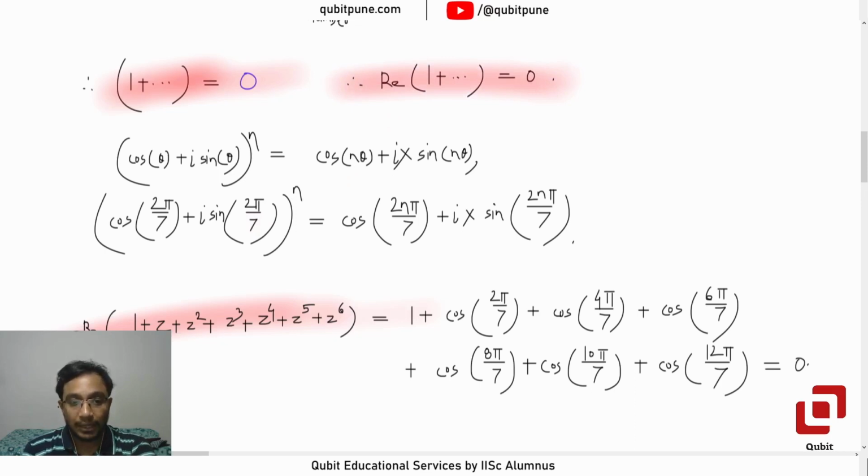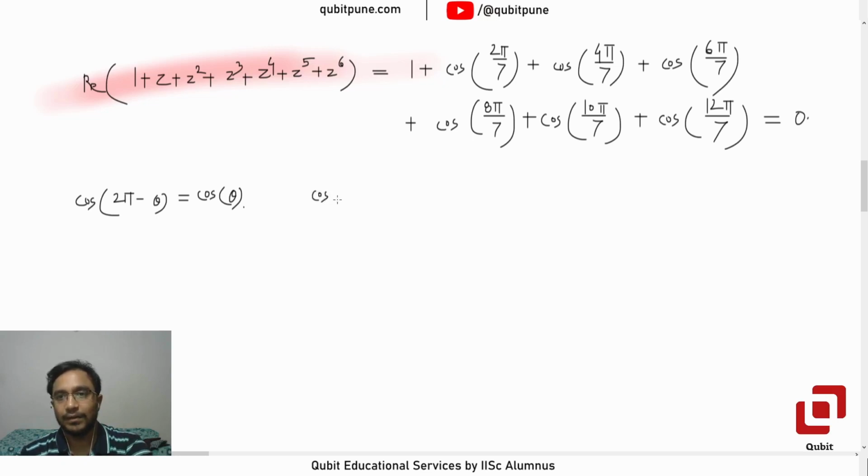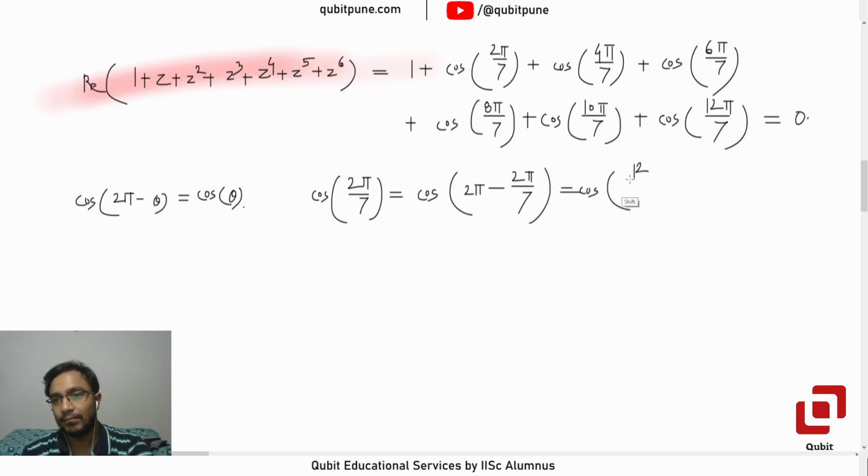Now how is this going to help us? There is another formula from trigonometry that we are going to use. That formula is cos of (2 pi minus theta) is cos theta. Now look, this gives us cos of 2 pi by 7 equal to cos of (2 pi minus 2 pi by 7), and that happens to be cos of 12 pi by 7, correct?